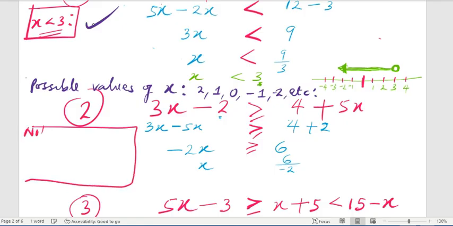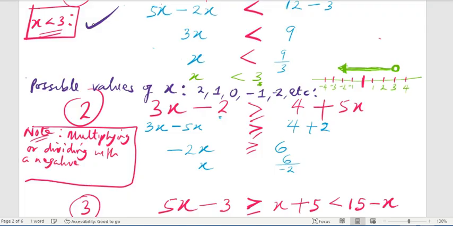Note: multiplying or dividing with a negative number changes the inequality sign.